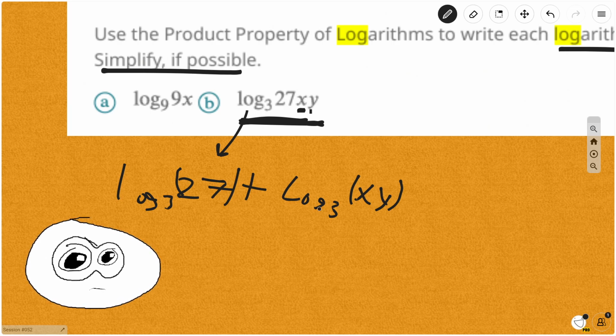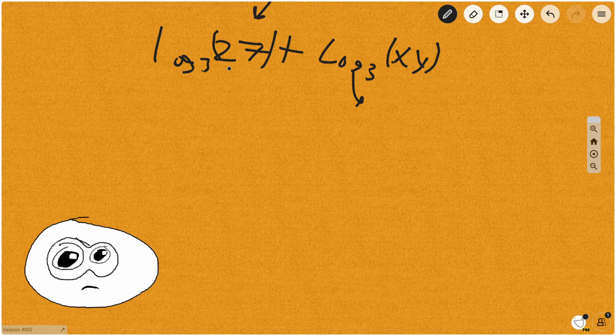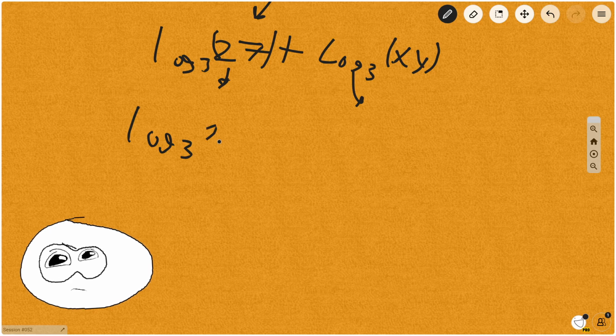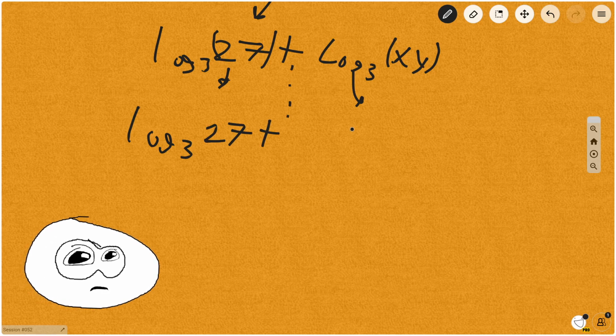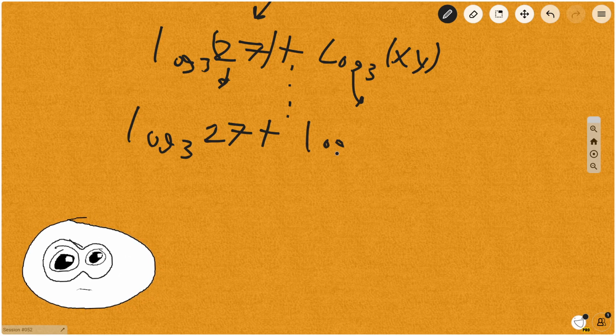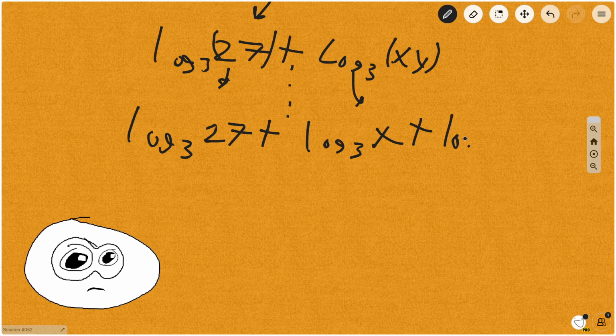So we carry down log 3 of 27 plus, and this one also gets split up too: log 3 of x plus log 3 of y.